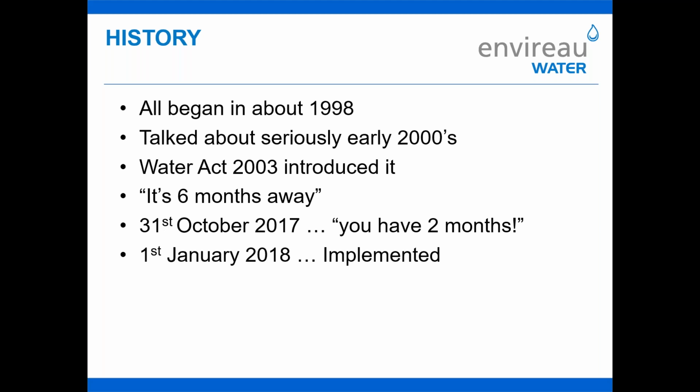The result of that is a lot of things that, with hindsight, should have been done weren't done. Nothing we can do about that. It is what it is, but that's why it came that way.